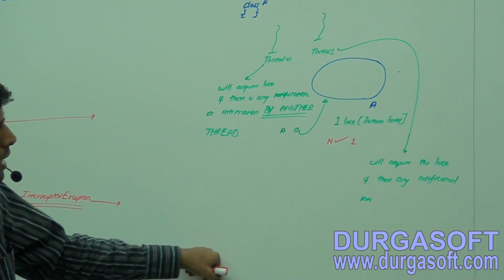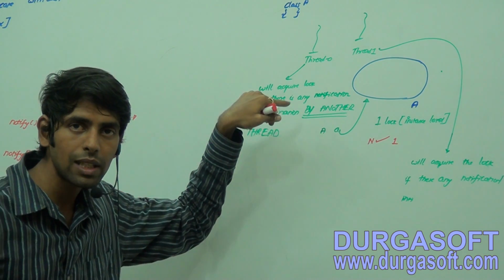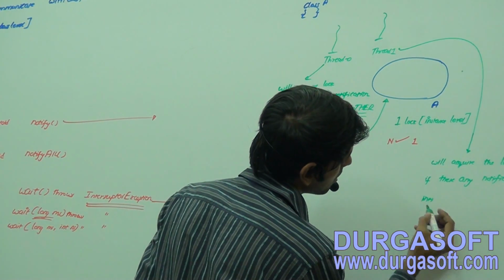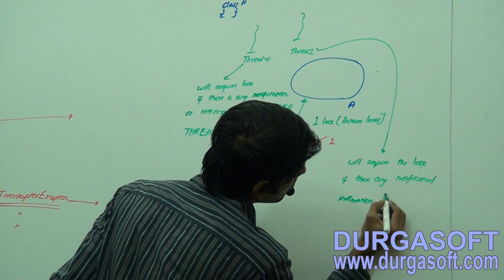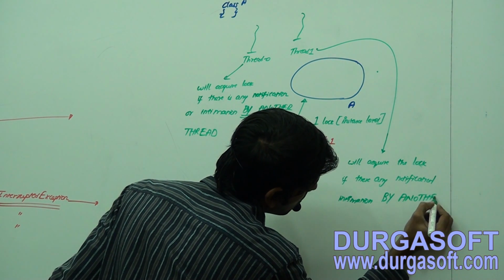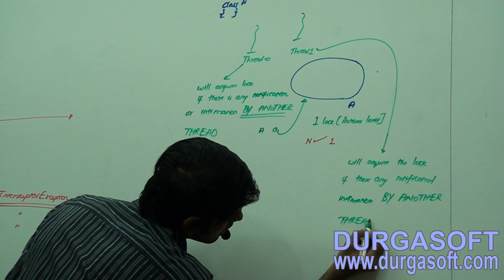What is the another thread? If I am at thread 1, what is another thread? Thread 0. If I am at thread 0, what is another thread? Thread 1. Getting? Now, if there is any notification or intimation by another thread, guys, by another thread.